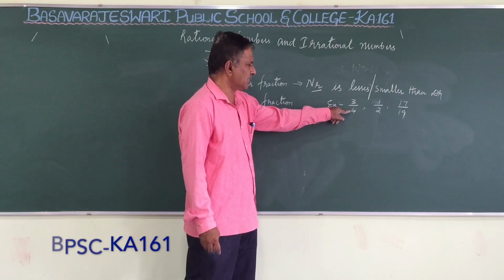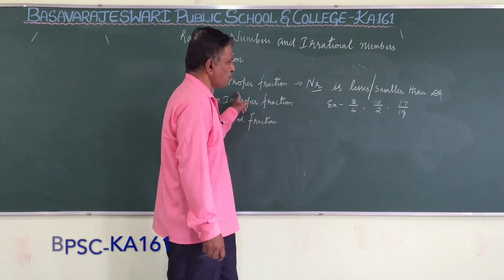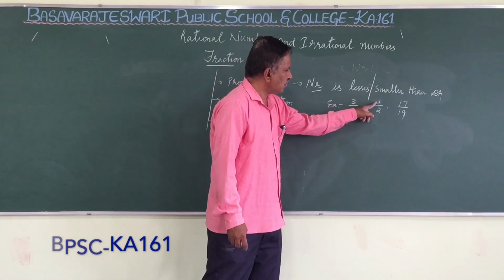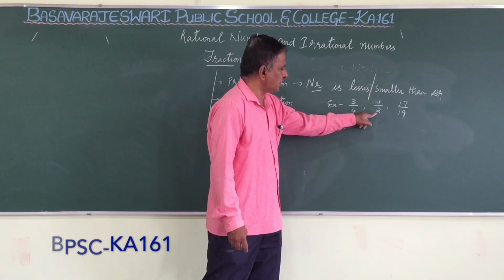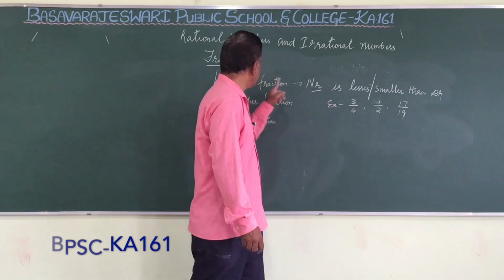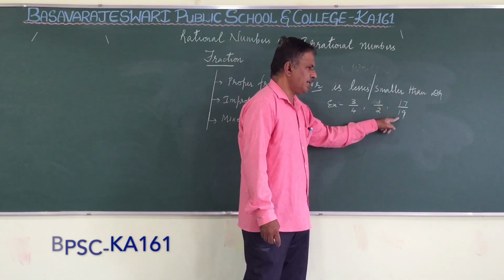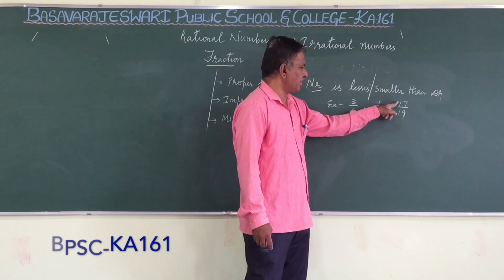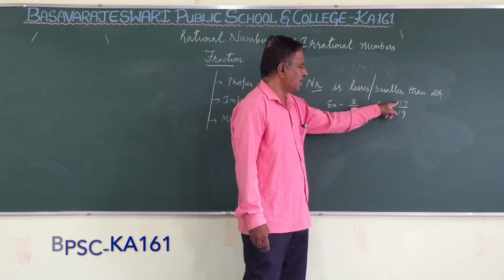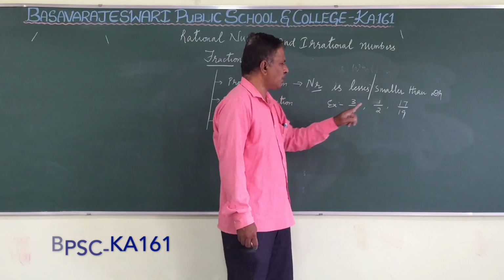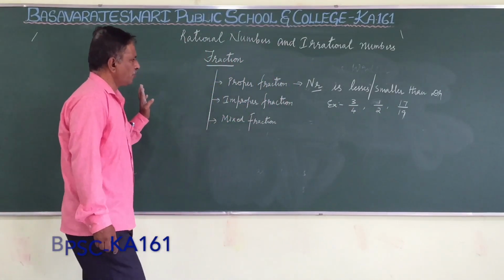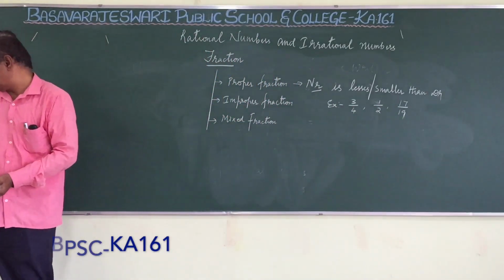Definitely we know that 3 is lesser than 4, so it is a proper fraction. 1 is numerator, 2 is the denominator, 1 is lesser than 2, so it is a proper fraction. 17 in the numerator, 19 in the denominator, definitely 17 is smaller than 19, so it is a proper fraction only.